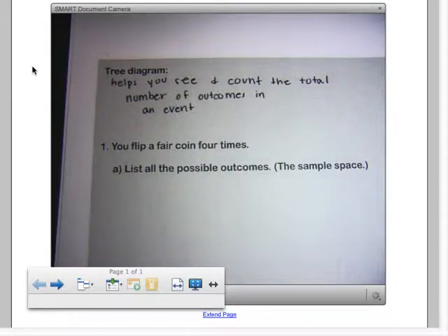Okay, so basically for the tree diagram, what you're doing is you're listing the entire possibilities. So they're going to be pretty big.